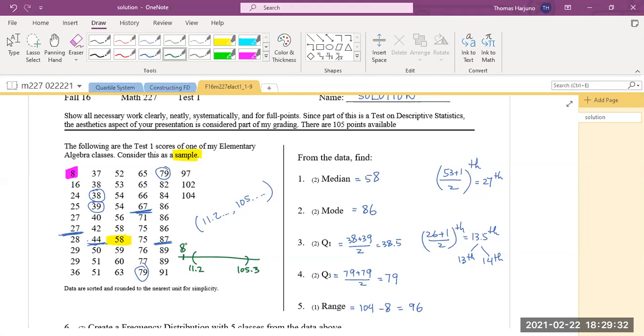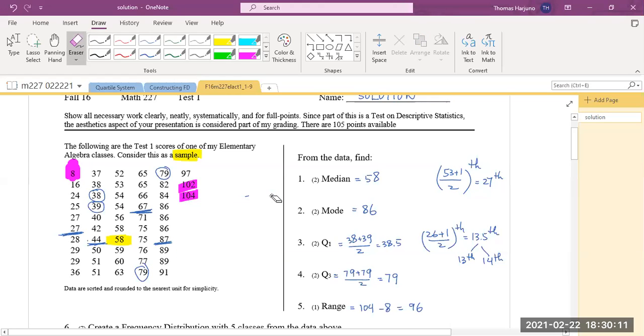That's how we know if you want to see if this class is overperforming or underperforming, or who is the person. Is 8 the one underperforming, or 104 or 102 the one overperforming? It turns out that no, 104 compared to the rest of the class is still reasonably in the usual interval. It's the 8 that is underperforming terribly. So do I use my scales to decide who is overperforming or underperforming?